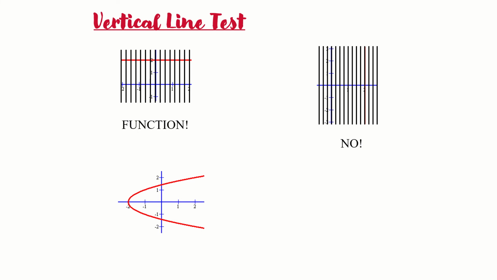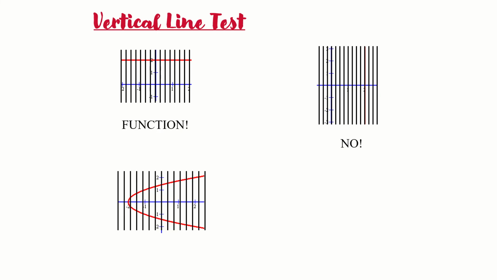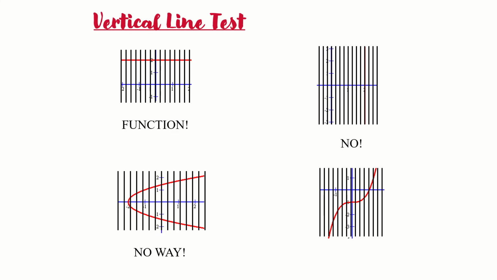You can just ask yourself whether it is a graph of a function or not. Every vertical line will be crossing the graph at exactly 2 points. So it's not a function graph. What about this one? If you draw any vertical line, every vertical line will be crossing the graph of this relation at exactly 1 point. So it is a graph of a function.